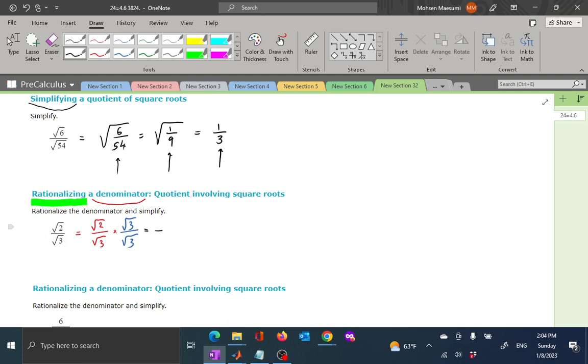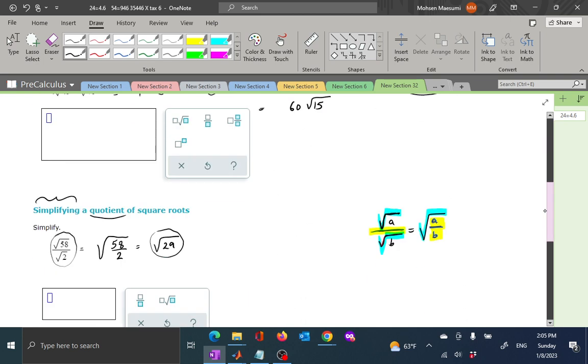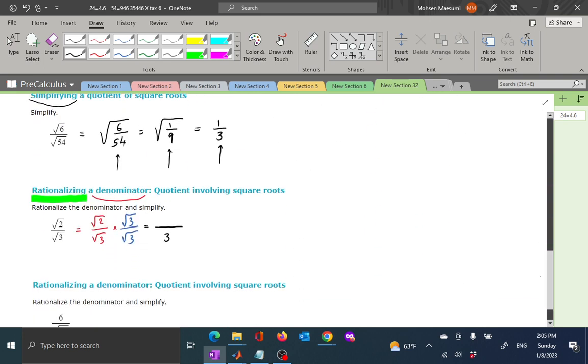Why so? Because in the denominator, when you multiply these two, the radical goes away. Radical 3 times radical 3 is just 3. In the numerator, we apply the idea that we learned here: you can compress it inside one radical. So radical 2 times radical 3 is just radical 6.